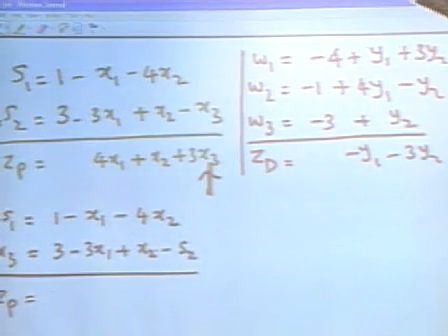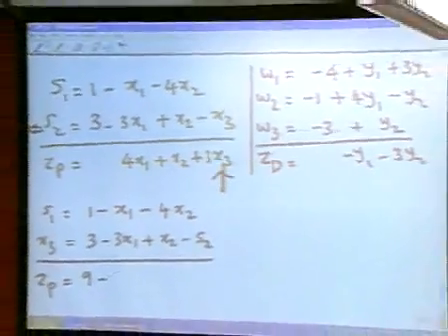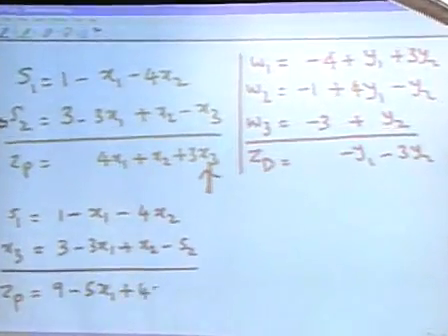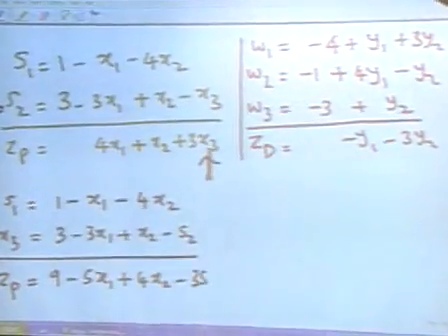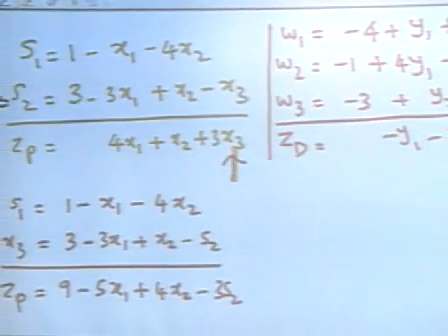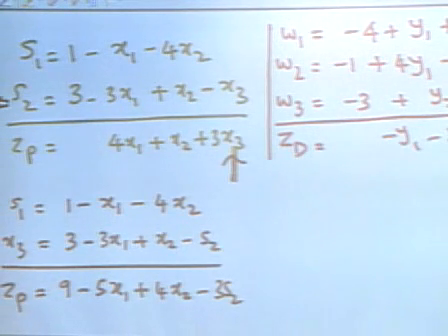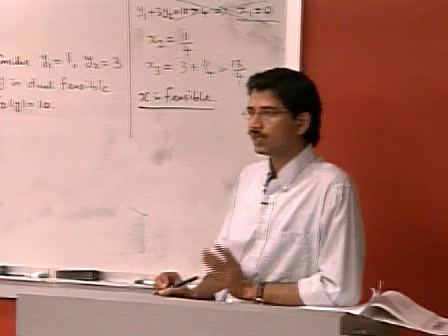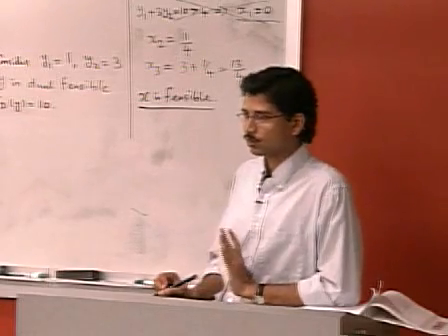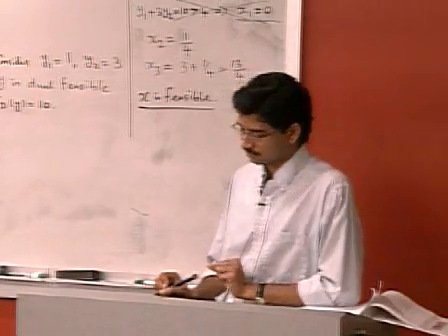If you do that, you get 9 minus 5x1 plus 4x2 minus 3s2. So this is what you end up with after one iteration of the simplex method. Any questions about this? We've done this numerous times, so we know how to do this.